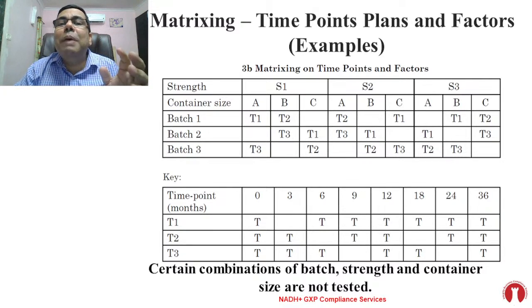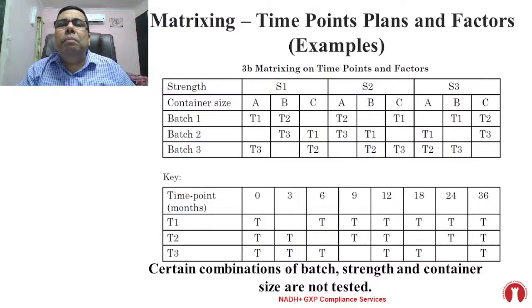When we follow this matrixing approach, some risks are there to justify. It requires a lot of justification, because we are completely skipping tests. Like at T1, you can see batch 1 container size A is tested, right?